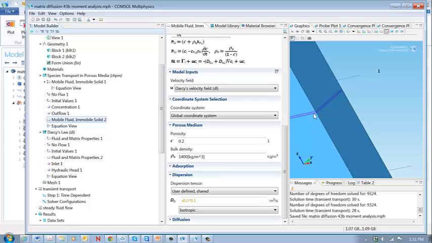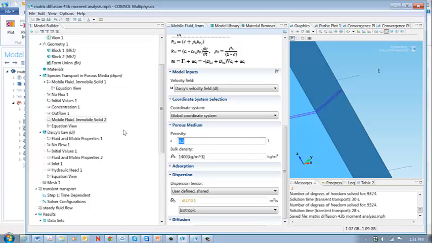And so I selected it there, and I'm putting 0.2 as the porosity of the fracture for the transport analysis. And that'll be important because that's what's used to go from the flux calculated by Darcy's law of physics to the velocity that's used in the transport.